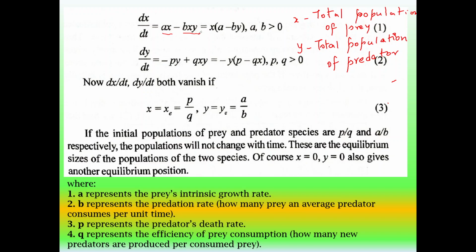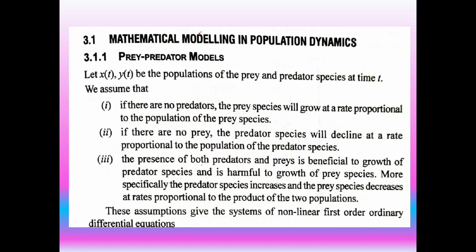Similarly, we can calculate dy by dt, which refers to the population rate of the predator with respect to time. Here also we need to consider both cases, when the population of the predator will be decreased as well as when the population of the predator will be increased. So according to the second assumption, if there is no prey, definitely the predator count will be decreased.